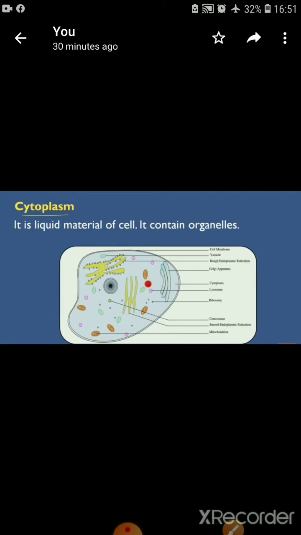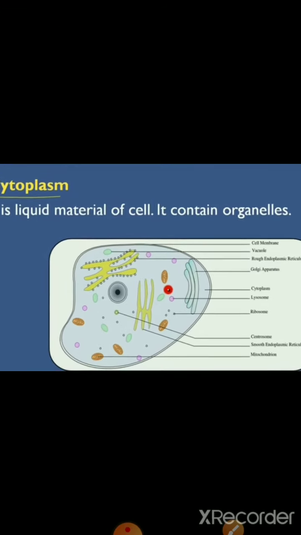So we can say the nucleus and the cytoplasm both are liquid material of the cell. That means except the cell membrane, whatever is inside the cell, all that material is living liquid material. Fine. So it contains organelles.